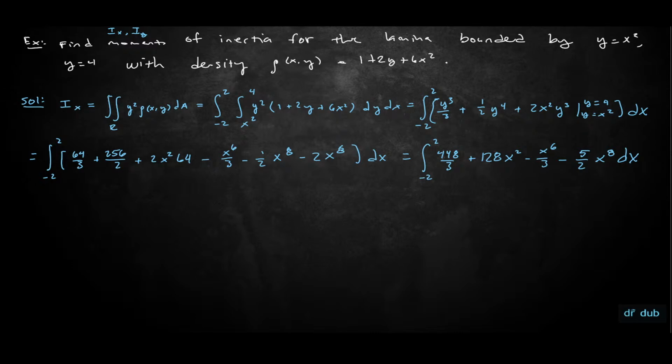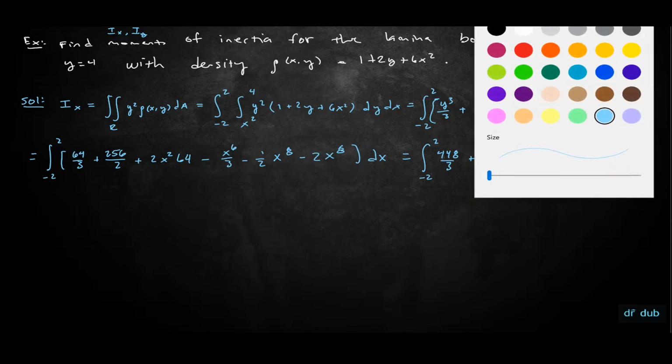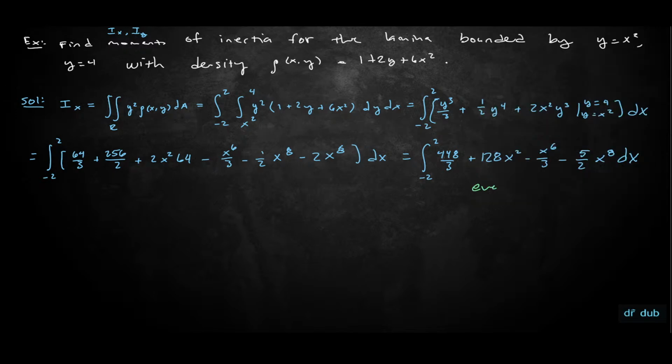And this is even over a symmetric interval, so we can do 2 times the integral from 0 to 2. So this is 2 times the integral from 0 to 2 of 448 over 3 plus 128 x to the second minus x to the sixth over 3 minus 5 halves x to the 8th dx.